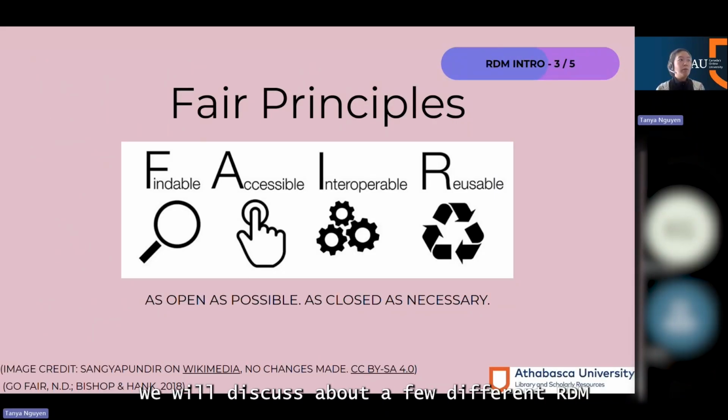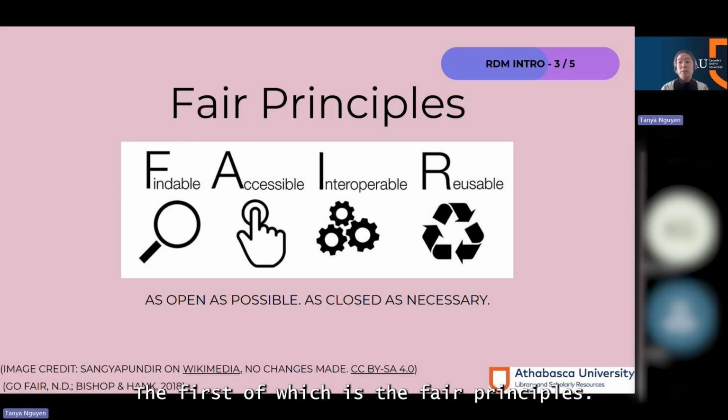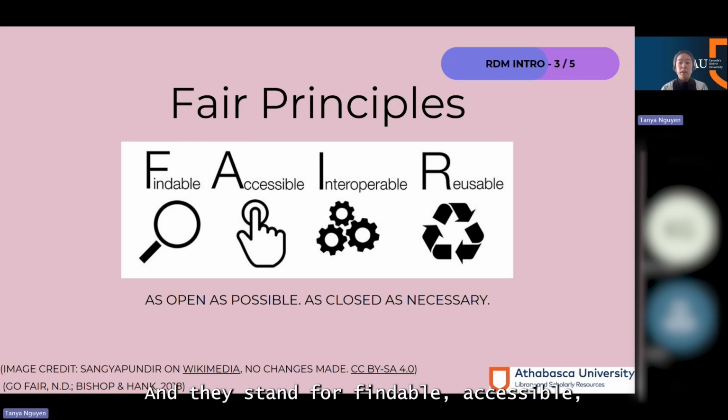So moving on, we will discuss a few different RDM principles that are well known to the community. The first of which is the FAIR principles, and they are central to effective research data management. They stand for findable, accessible, interoperable, and reusable. Let's break this down a little bit.